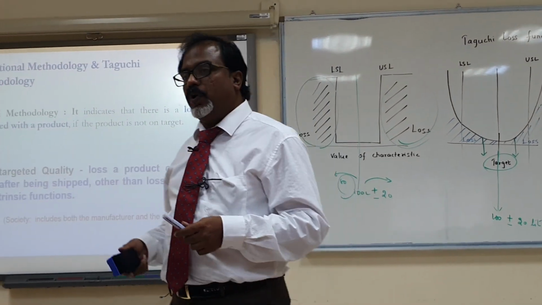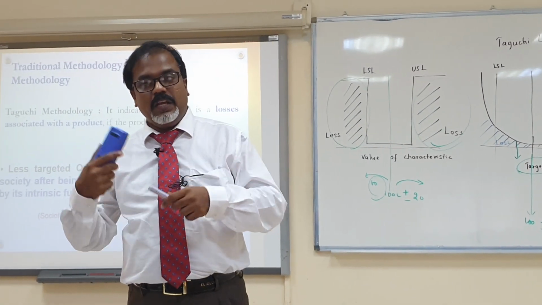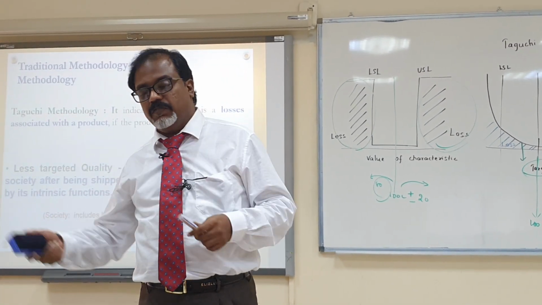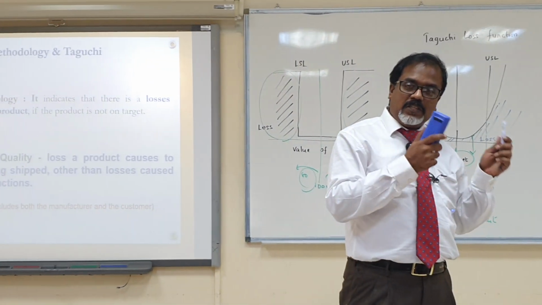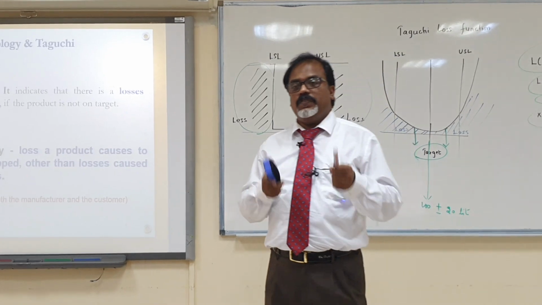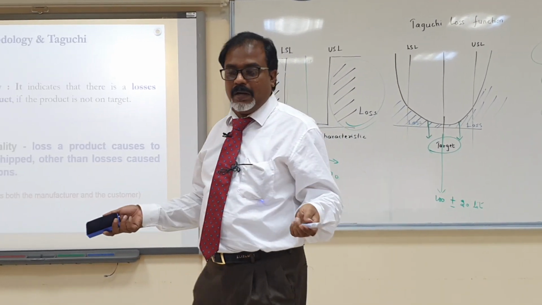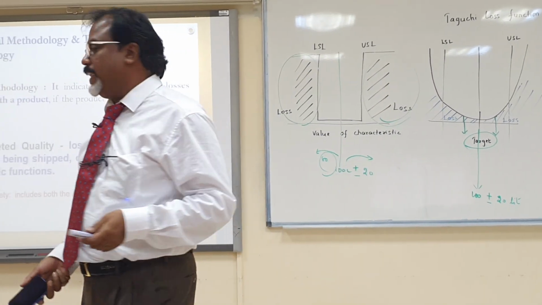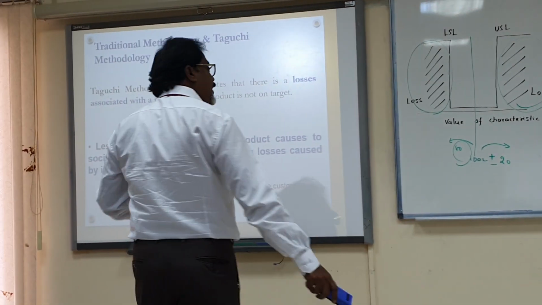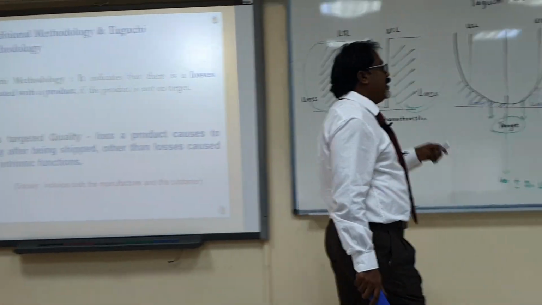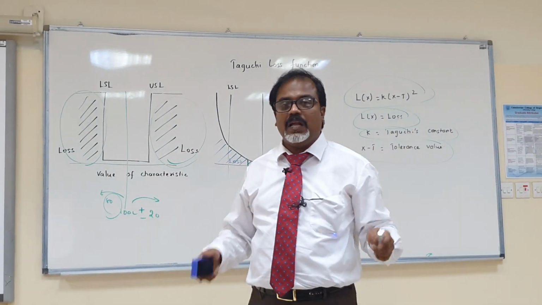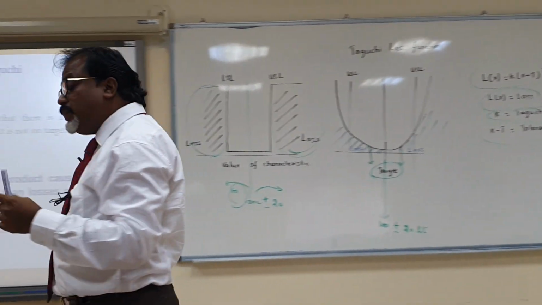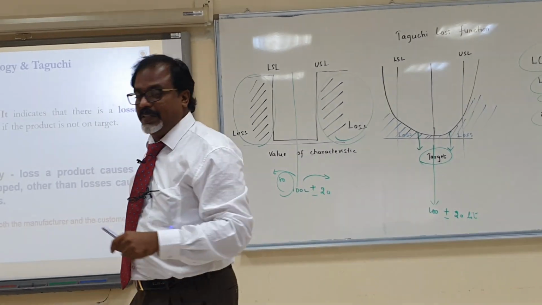When the consumer buys and consumes this product, whatever the consumer expectation, if it is not satisfying the target, then the consumer will automatically face some loss. So there will be a loss for the consumer and a loss for the company. All those things you can find out, how much the loss is, using the Taguchi loss function in a statistical way.